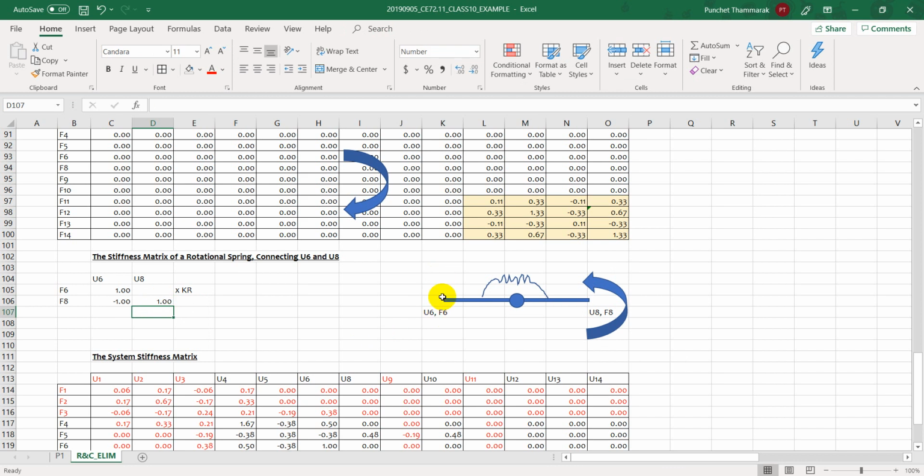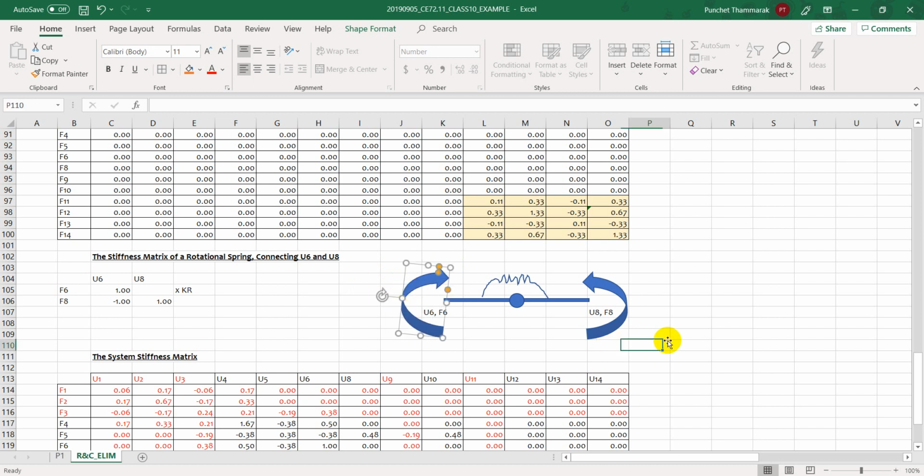Having this end fixed against any rotation, you'll be requiring the moment to counterbalance that in the opposite direction, just like this. So that makes a -1. Alright, this is the contribution from the application of U8.